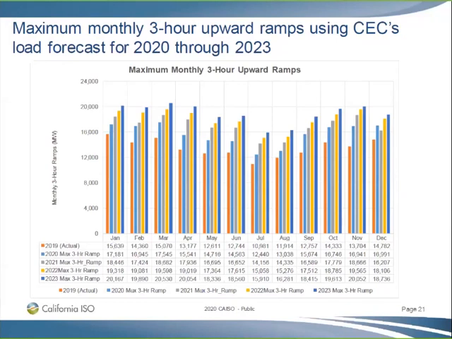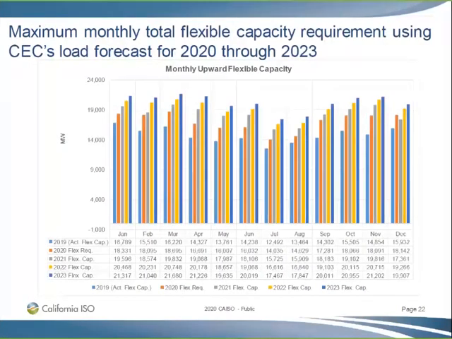And we will come back to this one in a minute. Let's jump to slide 22. Slide 22 shows you what happens when you add the contingency reserve requirements onto the previous slide. This is what we recommend that load serving entities procure, like in 2021, for flexible capacity.